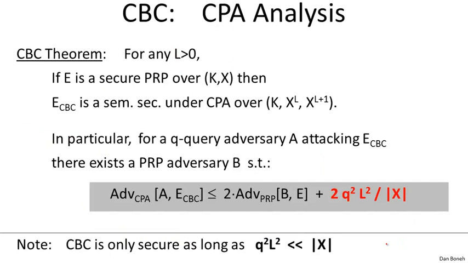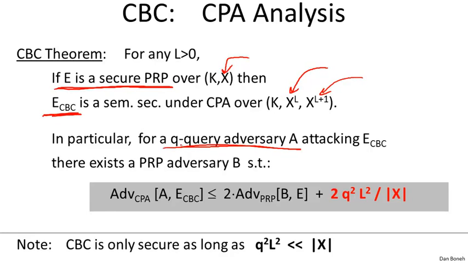Okay, so the following theorem is going to show that CBC mode encryption with a random IV is semantically secure under a chosen plaintext attack. Let's state that more precisely. If we start with a PRP, in other words a pure block cipher E, defined over a space X, then we end up with an encryption algorithm eCBC that takes messages of length L and outputs ciphertext of length L plus 1.